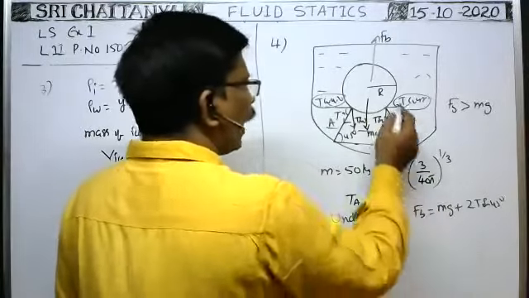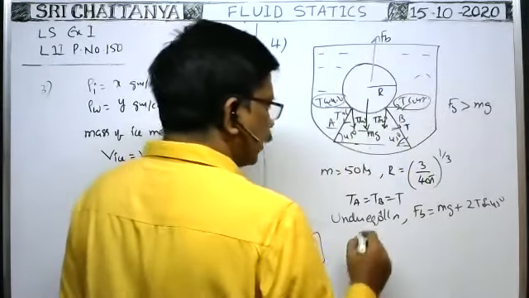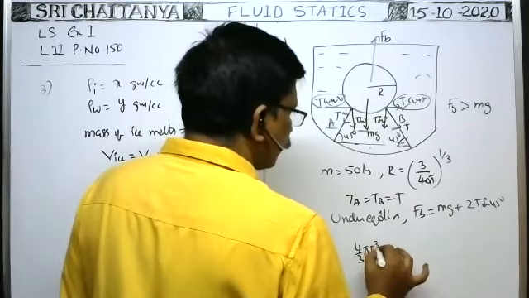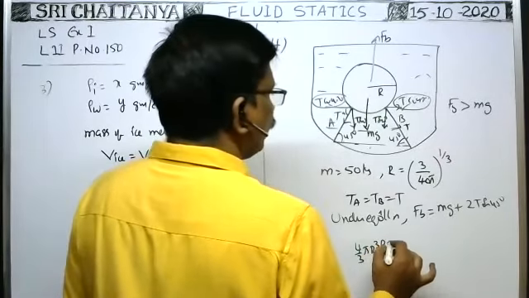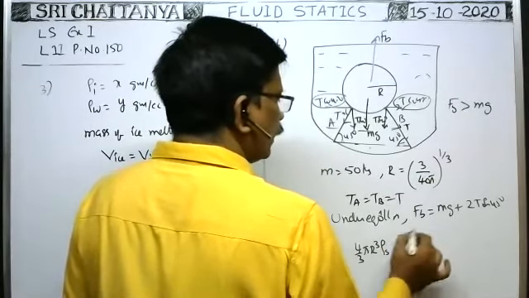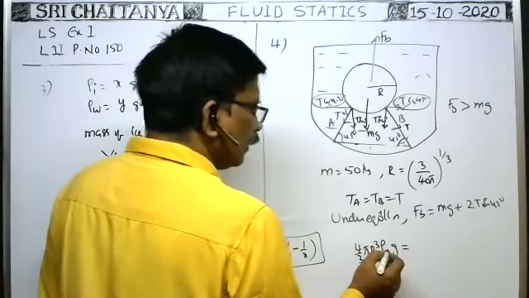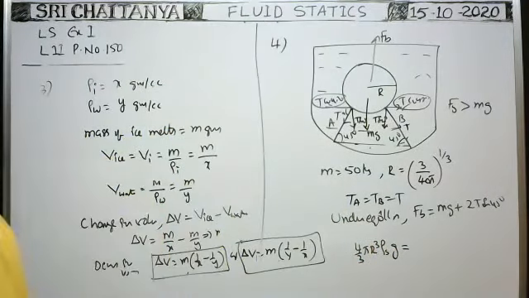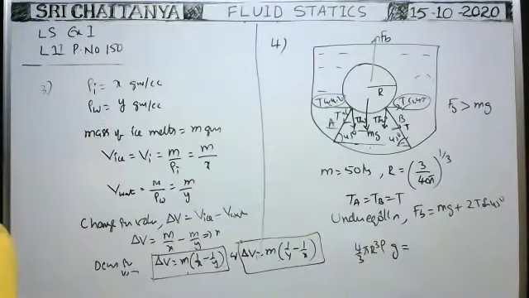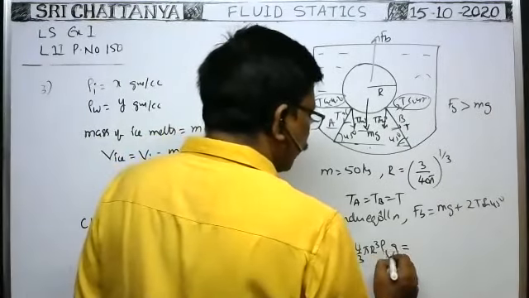Buoyant force means the volume of the water displaced by the sphere, which is equal to the volume of the sphere only, as it is a sphere, 4/3 pi R cube, times the density of the liquid times g.